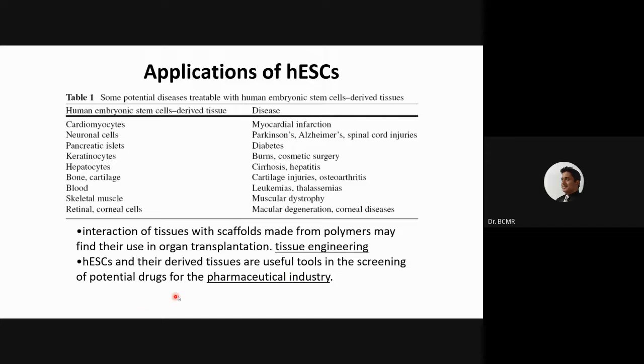The best example or best use that is already done is for pharmaceutical industries, for screening of potential drugs. Say, for example, you take a compound. I think when you go into the future with the research, you will read that they have taken a compound X, added it into and tested it on cell line Y, and it's not toxic, so it can be used in humans.